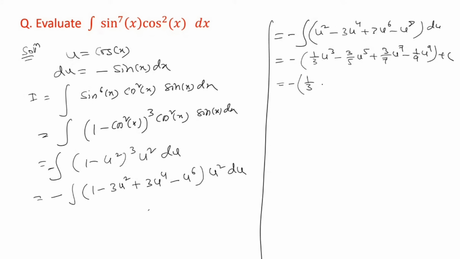So minus 1 over 3 cosine cubed x plus 3 over 5 cosine to the power 5 x minus 3 over 7 cosine to the power 7 x plus 1 over 9 cosine to the power 9 x plus c.